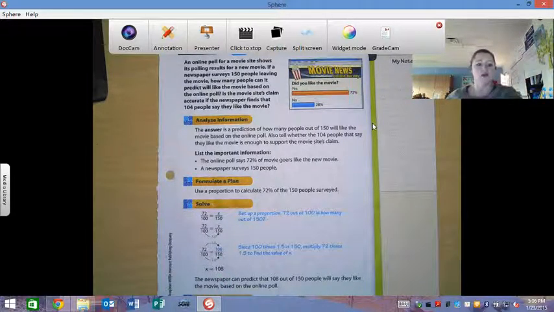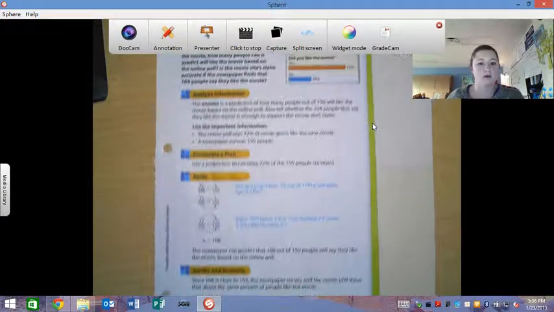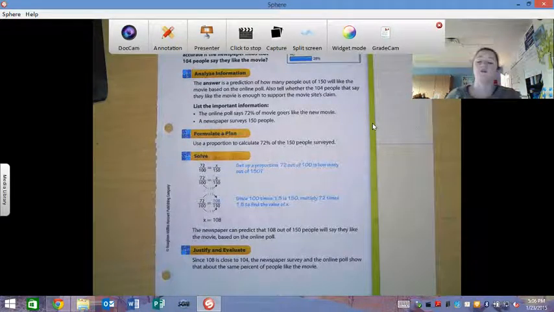So your newspaper can predict that 108 out of 150 people will say they like the movie based on the online poll. So now we need to evaluate our answer. Since 108 is close to 104, the newspaper survey and the online poll show about the same percent of people liking the movie. So this is a pretty good claim.